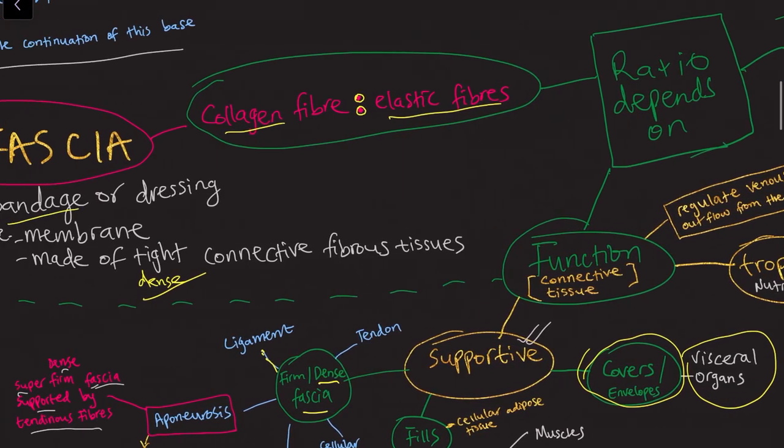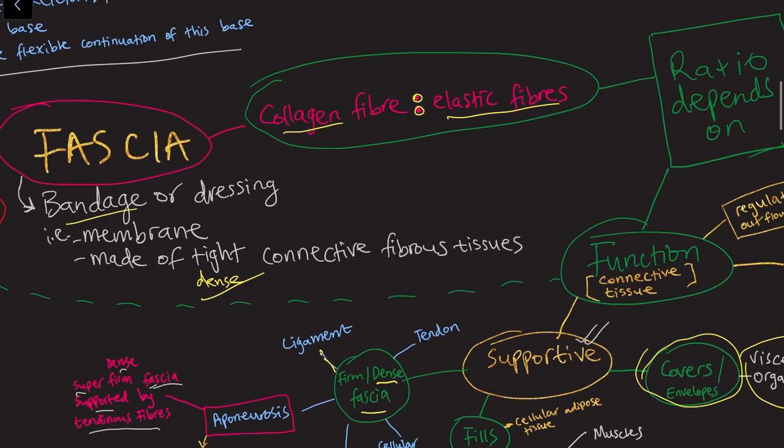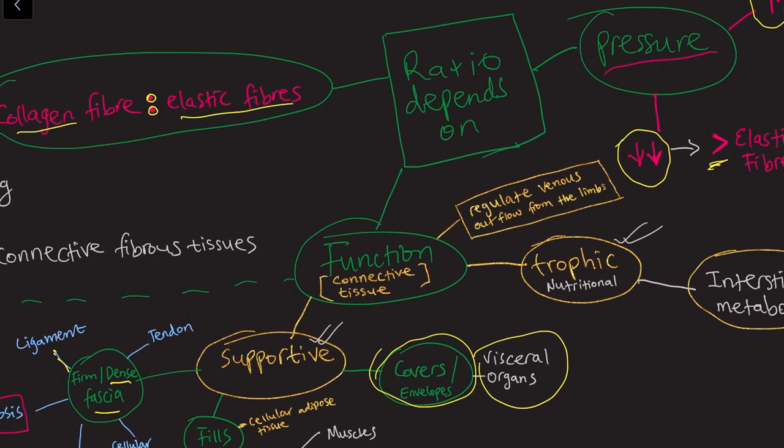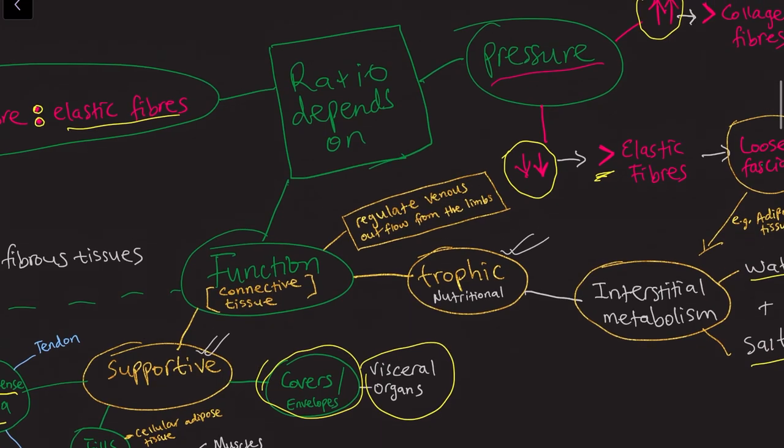Fasciae are made up of collagen and elastic fibers in a particular ratio, depending on the function of that fascia. The ratio of collagen to elastic fibers is determined by the pressure exerted on that fascia, as well as the function of that fascia.